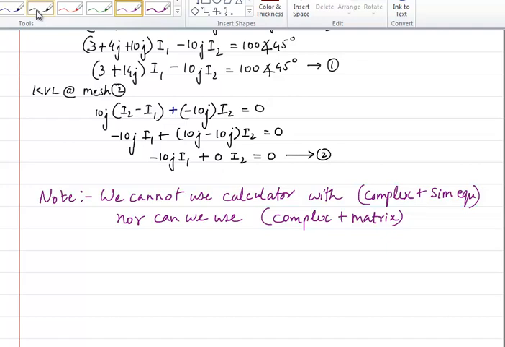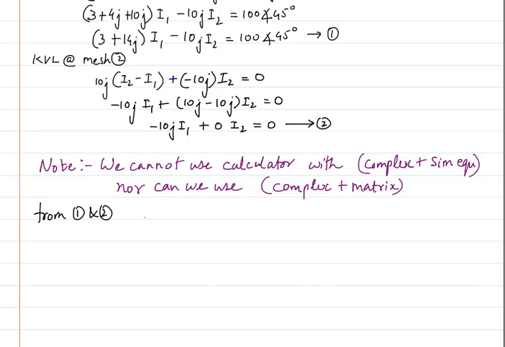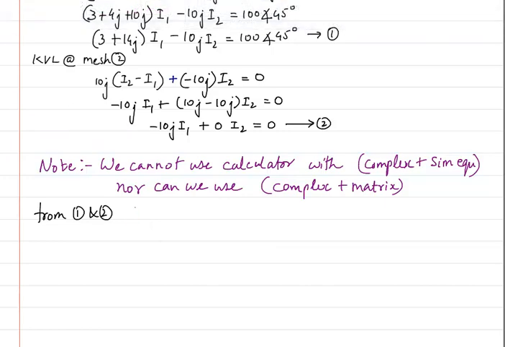One of the ways to do it is we write, therefore, from 1 and 2, let me write that equation so that you can see 1 and 2. Let me write it using different colors. So I will write 3 plus 14j I1 minus 10j I2 is equal to 100 angle 45 degrees.